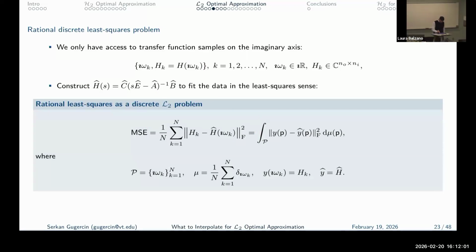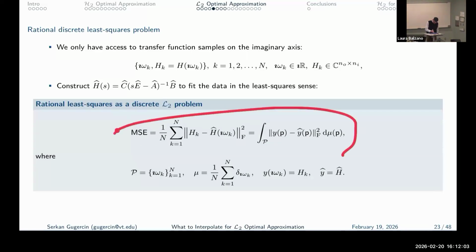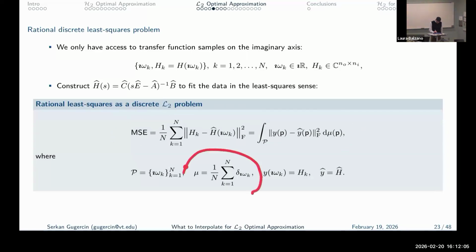And this is indeed the L2 optimal problem. If I choose this special measure, like a sum of Dirac measures at the frequencies, then again my parameter set becomes the frequencies that I have to sample. So this discrete rational least squares problem is really a subset of this more general L2 optimization problem.